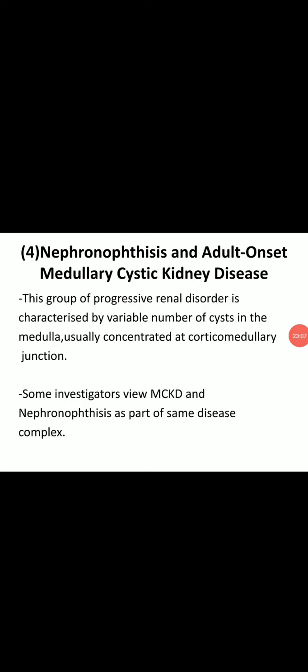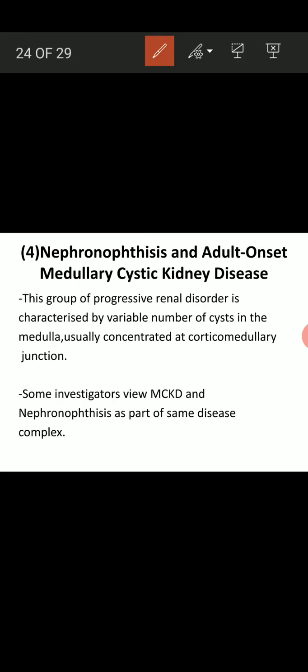Now the fourth type of cystic disease of kidney is nephronophthisis and adult onset medullary cystic kidney disease. This group of renal cystic disease is characterized by presence of cysts in the medulla, usually concentrated at the cortico-medullary junction.